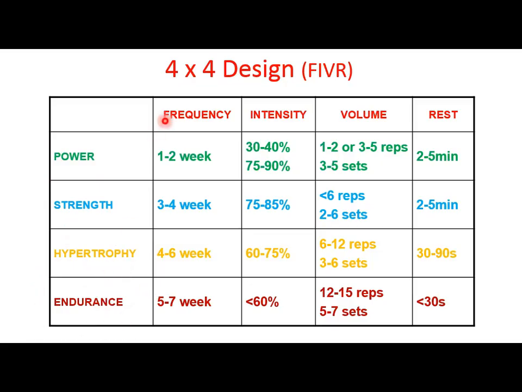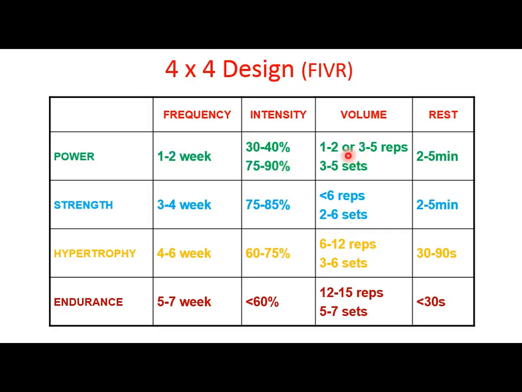So if their main goal was to increase power, you would prescribe them a resistance training program in which they would train 1 to 2 times a week at 30 to 40% of their 1RM for single joint movements, or 75 to 90% for multi-joint movements, as we spoke of a couple slides before.